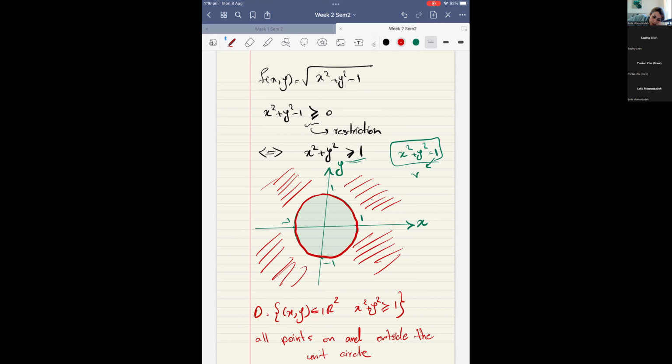Another example. g of x and y equal to ln x over the square root of x plus y. Okay. If I want to show you the domain of this one, can you tell me what the restriction is here?